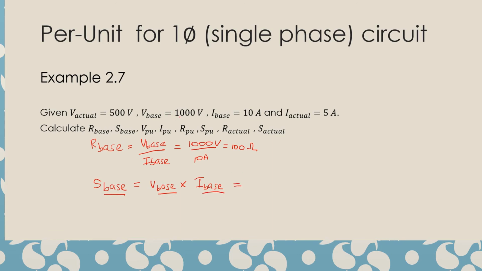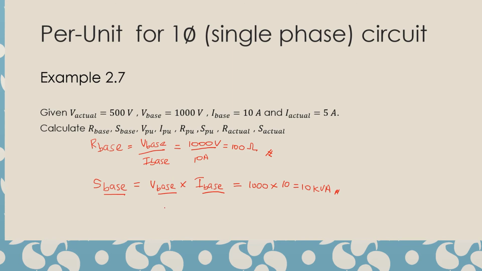You're given the V base as 1000, times the I base, which is 10. That gives you 10 kVA. Great, so you know your S base and your R base.